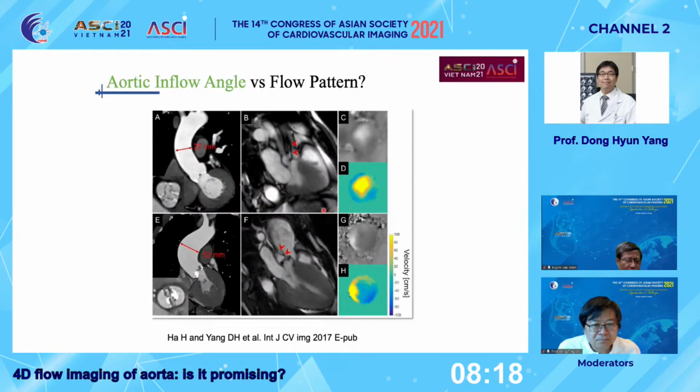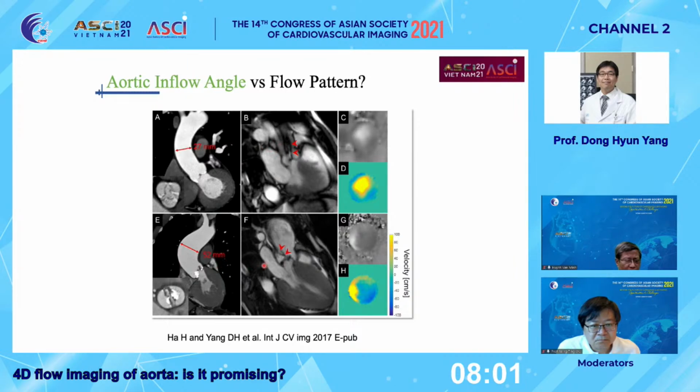Let me introduce these 2 cases showing different aortic inflow angles. The upper panels, with a tricuspid aortic valve, show a central inflow angle, as you can see here, without aortic dilatation.